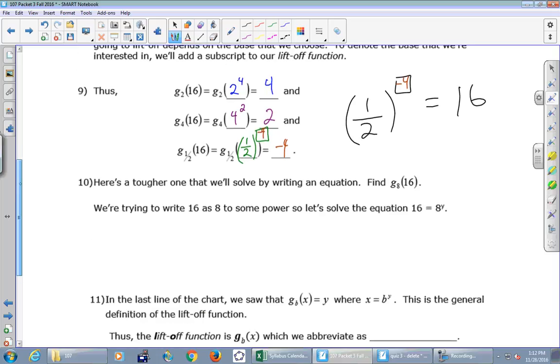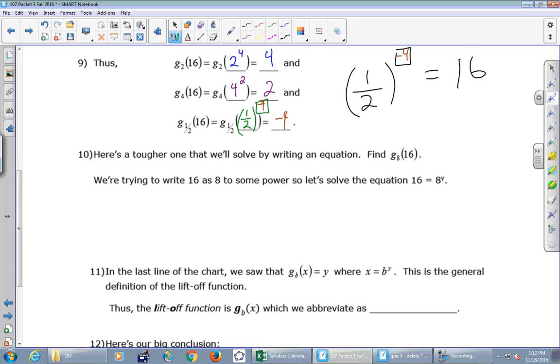Okay, so this is all groovy. Let's see if we can generalize that last example to something like this. G base b of x. And so I'm giving you hardly any information here, but if we can just abstract the last example we did, we should have a generic formula that we're working with here.